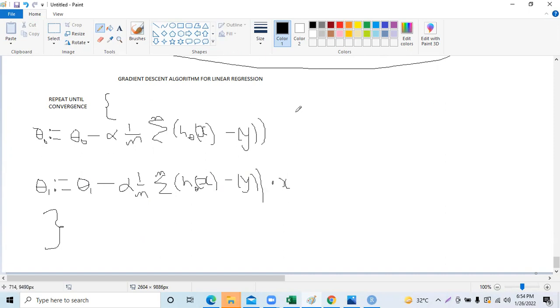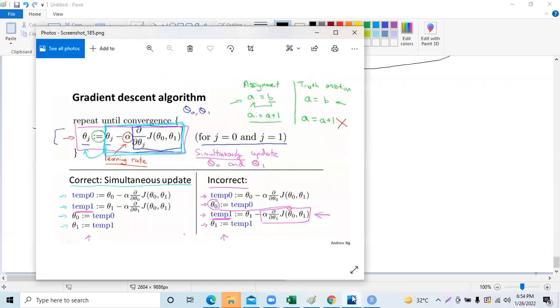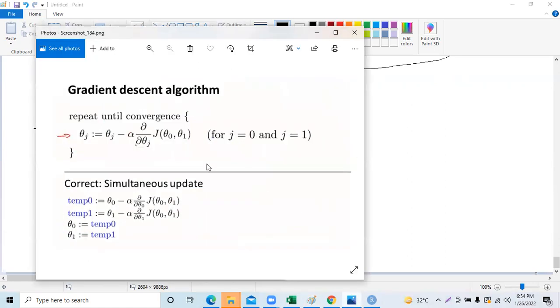So this, once again, is what we mean by simultaneous updates, right?